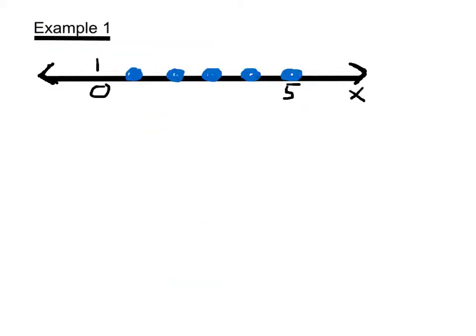Let's quickly take a look at a few examples. Here's an interval on a number line, and we want to write this using set notation or interval notation. So the first thing I need to include is the open bracket, x such that, and I know we're using x because x is on the number line. x such that 0 is less than x is less than or equal to 5.